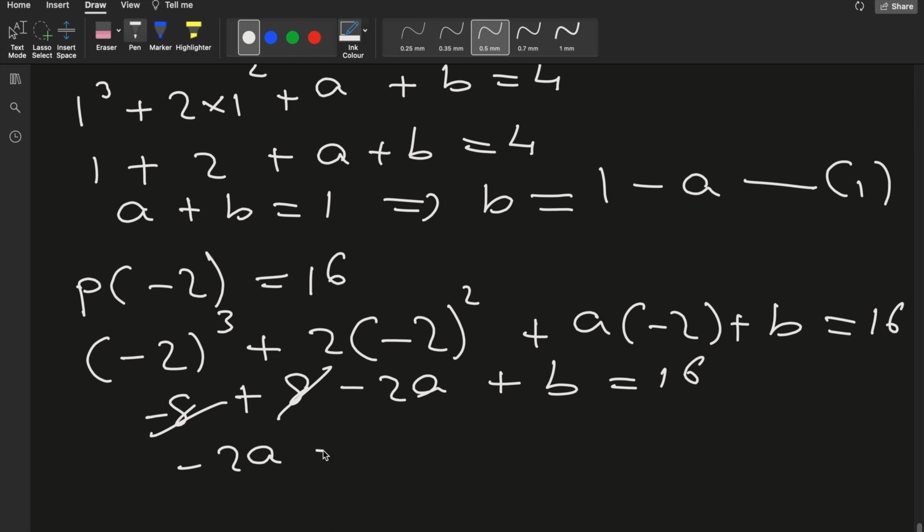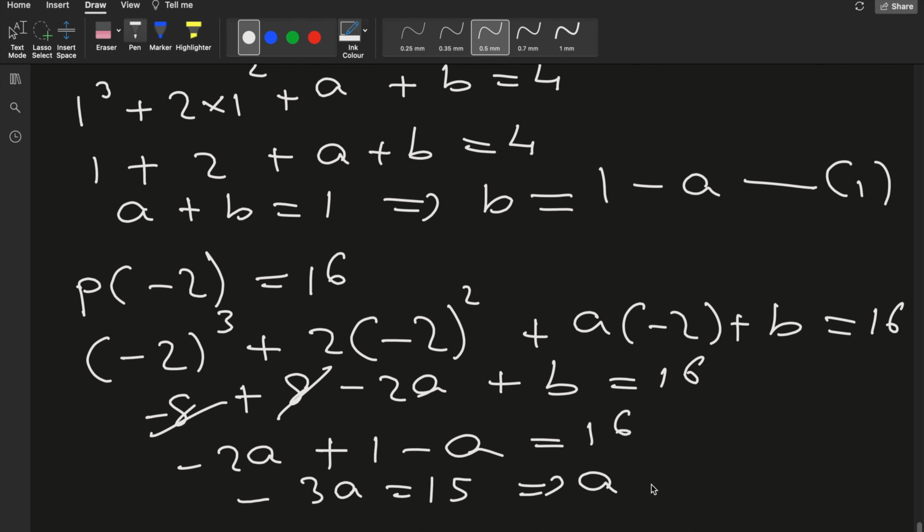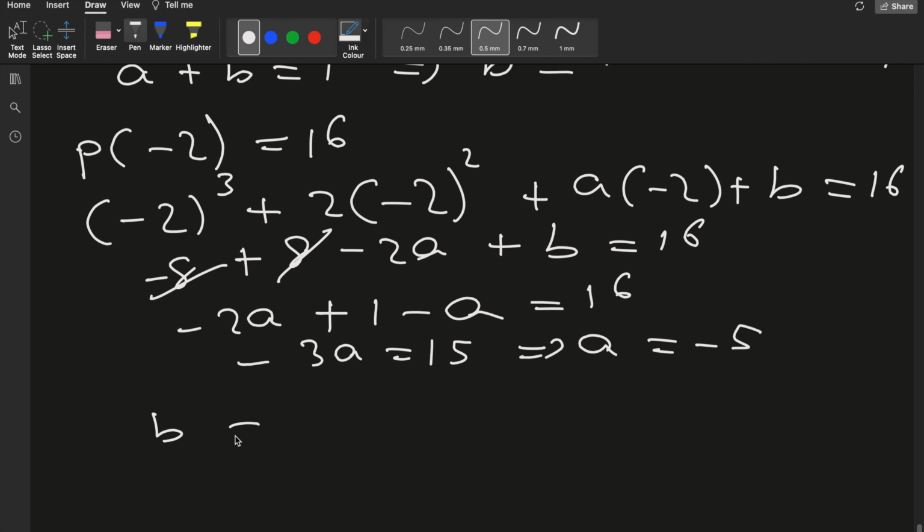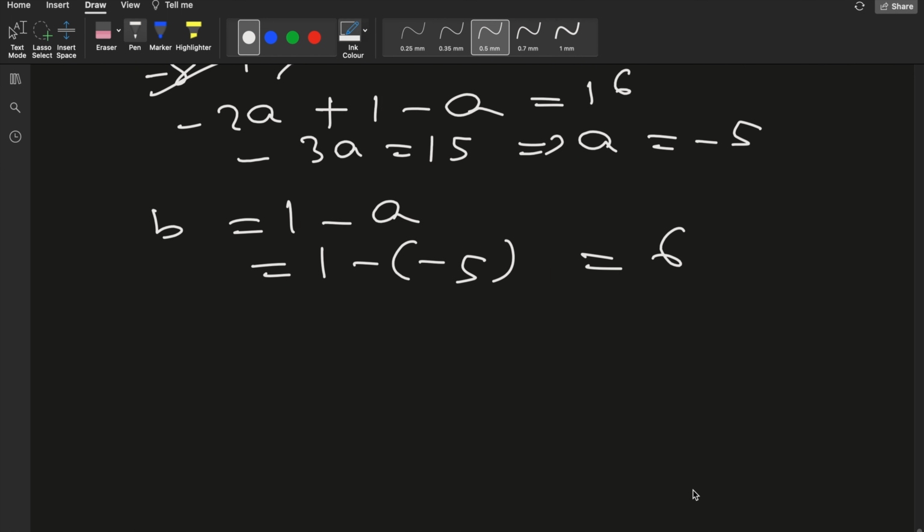Negative 2a plus 1 minus a because of this, get 16, so minus 3a equals 15 implies that a equals negative 5 and b equals 1 minus a, so equals 1 minus of minus 5, that is 6.